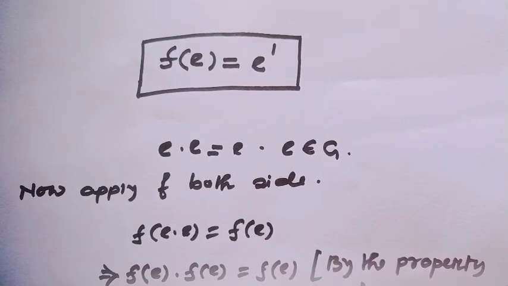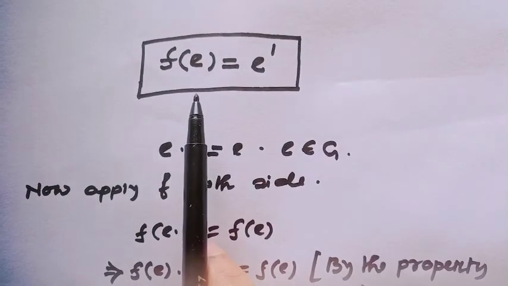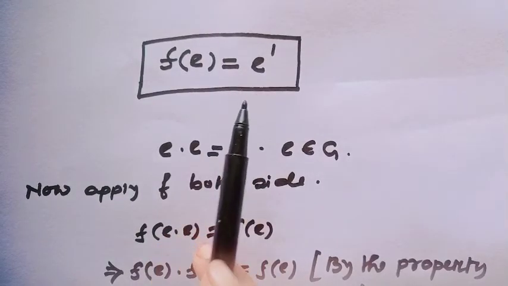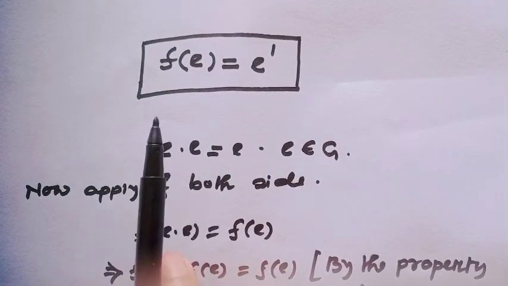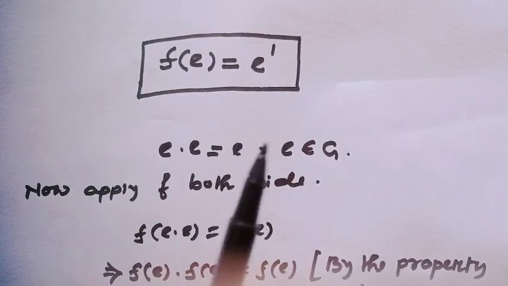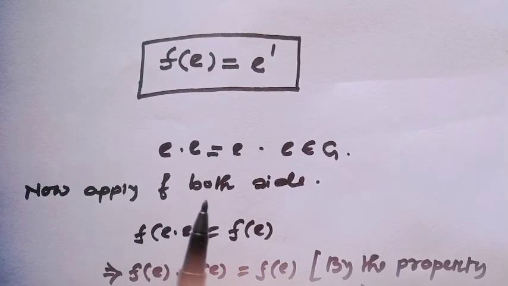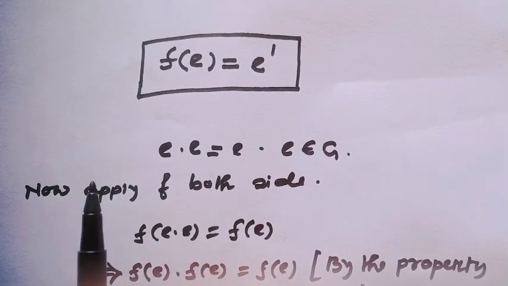In homomorphism, there exist some properties. One property is f of e equal to e prime. That means f of e is always sent to the identity in G prime. Let's see the proof.